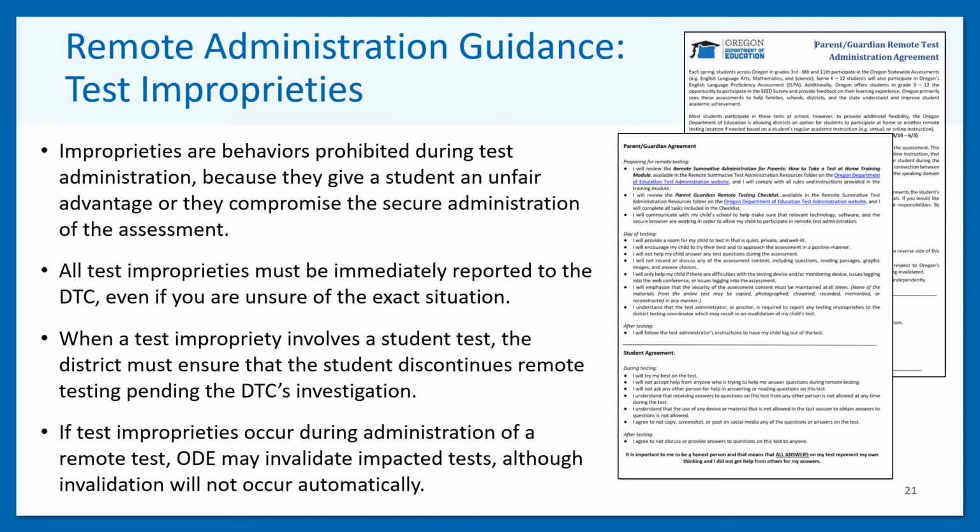The Parent-Guardian Remote Test Administration Agreement Form, signed by the parent or guardian, includes information about testing improprieties on the back of the form. There is both a parent and student agreement that outlines appropriate behavior and unacceptable behavior during remote testing.